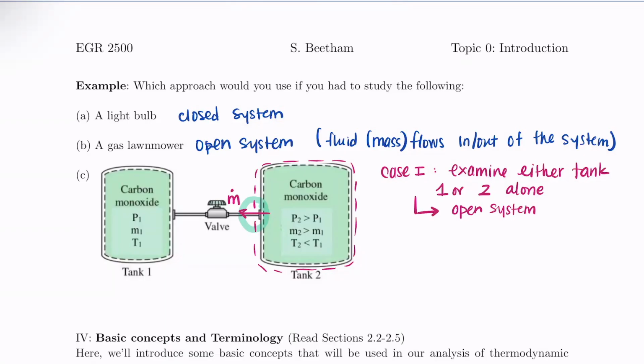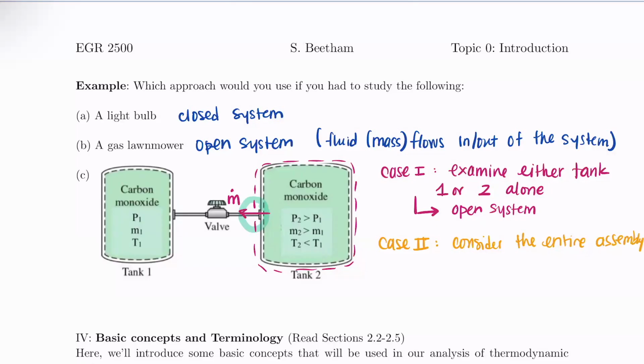If we instead consider the whole thing, so both tanks included with the valve in between, so the entire assembly, I don't want to call it system because that's confusing.